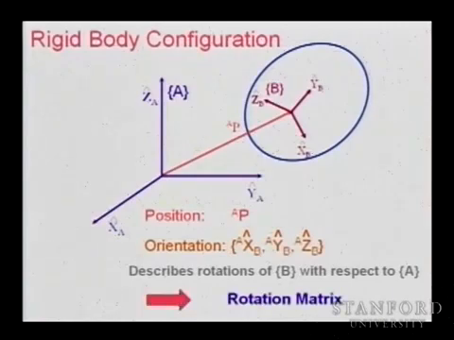So essentially, if you think about those vectors and the relationship with the frame A, we are really going to find the rotation matrix, which is the first model that we need to use in order to describe the rotations of one rigid body with respect to another rigid body.